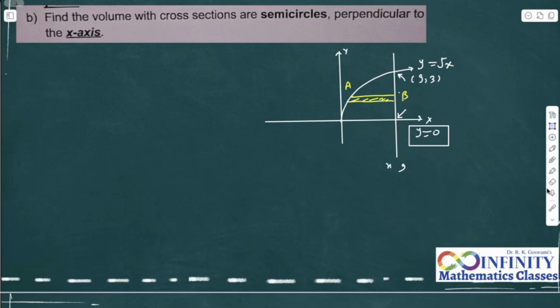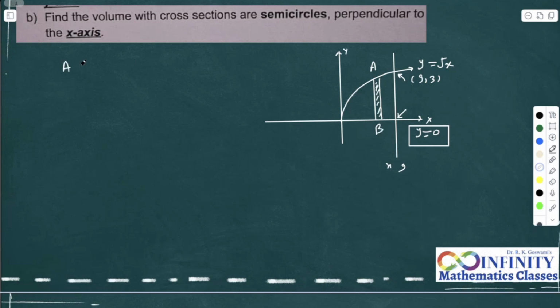I do not need this A and this horizontal strip because I'm going to have cross section perpendicular to the x-axis. I can consider this to be A and B there.